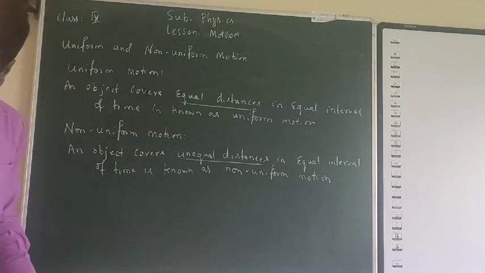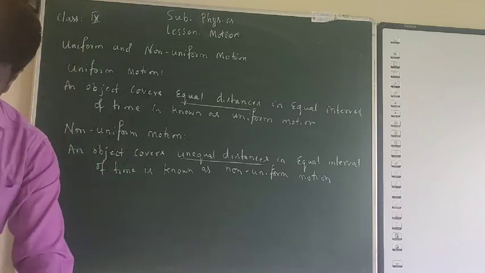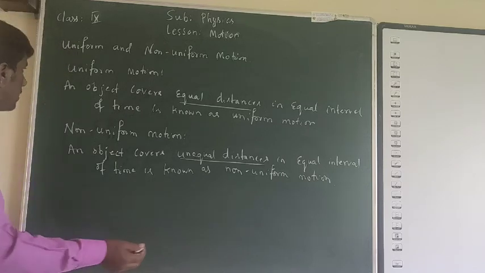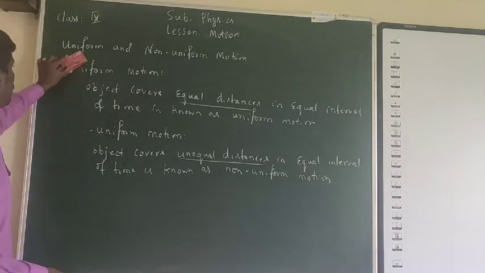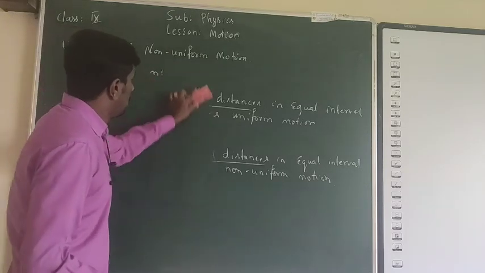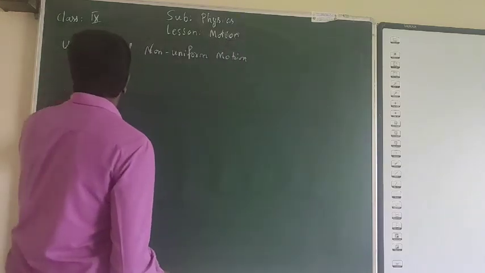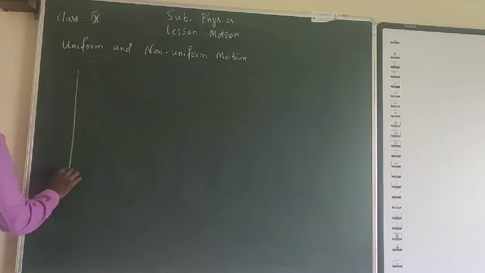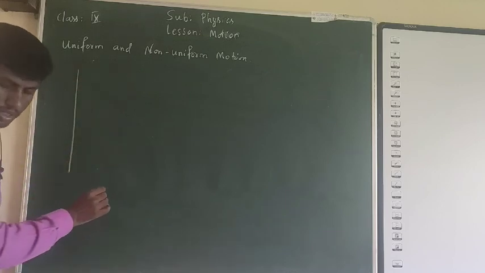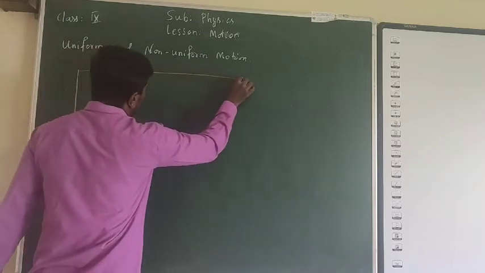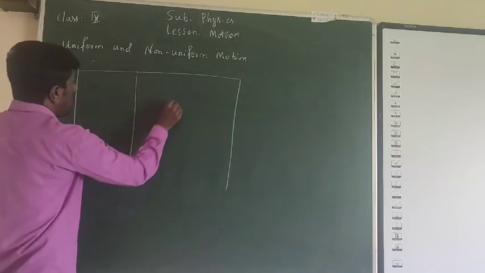We have a table. I'll write that table to understand the uniform and non-uniform motion. So I have a table. They have given time. First will be time.